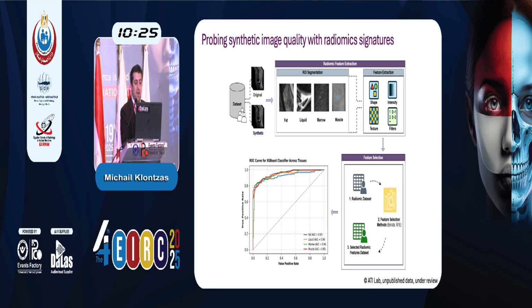We've used MRIs that have been synthesized by the computer, by AI algorithms, and we have compared them with the use of radiomics analysis for several different tissues: fat, liquid, bone marrow, muscles. We have extracted data and we have created models that can actually distinguish between the real and the fake images. So you can understand that we have an opportunity there to use radiomics as the stamp, as the signature of high quality image generation.